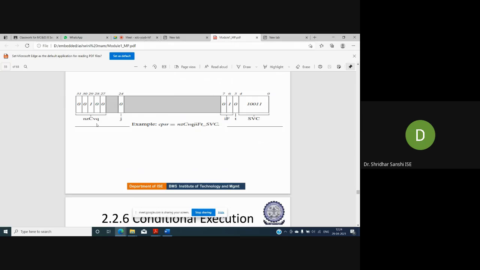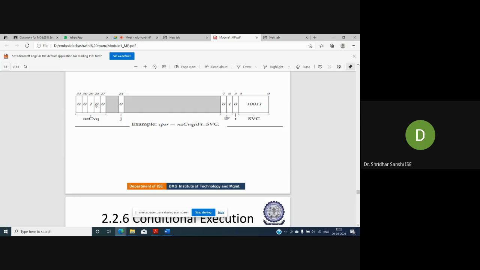This becomes 1 only when we are talking about the DSP instruction set, and only when there is an overflow or saturation will it be set to 1.